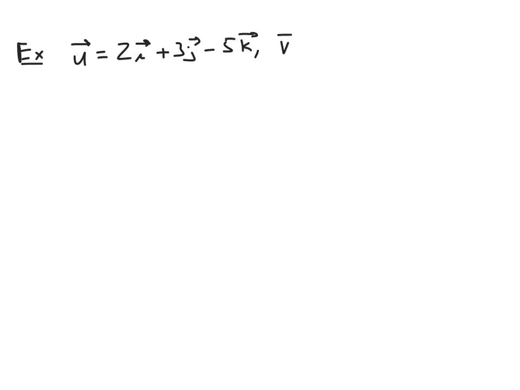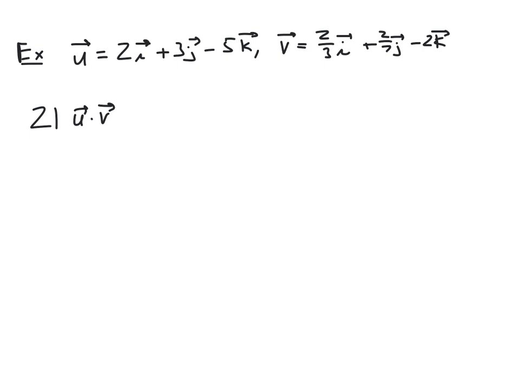And I have a vector v defined by 2/3 i plus 2/7 j minus 2k. I have these two vectors, and I want to compute 21 times u dot v. So I want to take the dot product of these two vectors and then multiply that result by 21.